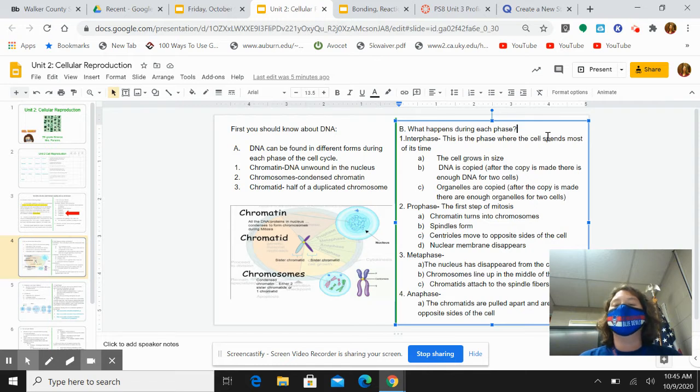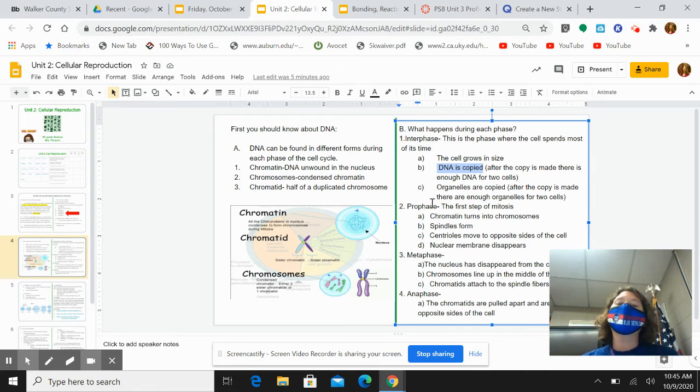Interphase is basically the cell's life just hanging out doing cell stuff. Although, take a look at letter B and highlight DNA is copied. During interphase, the DNA does make a copy of itself.